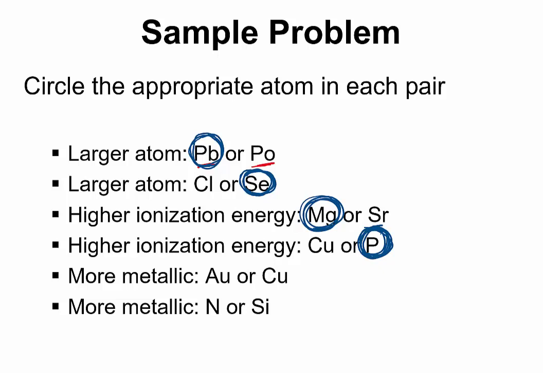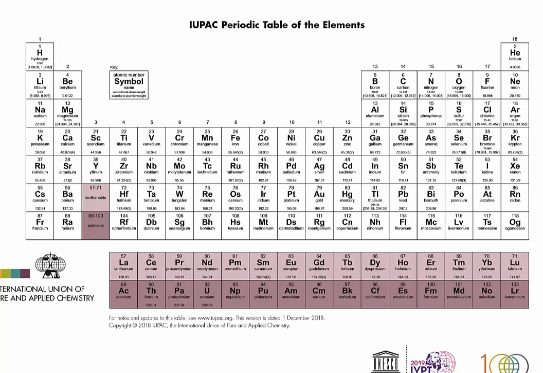Let us now take a look at metallic properties. Which is more metallic, gold or copper? Let us take a look at the periodic table. Here is gold and here is copper. They belong to the same group in the periodic table.